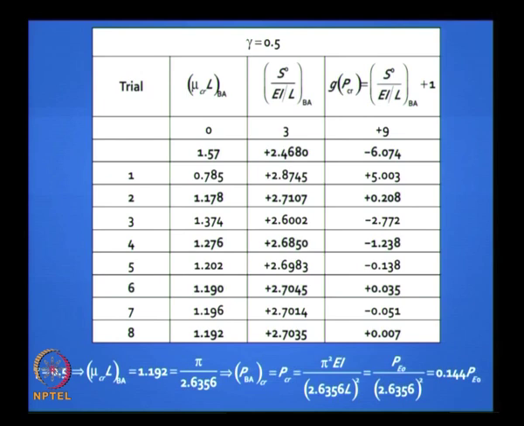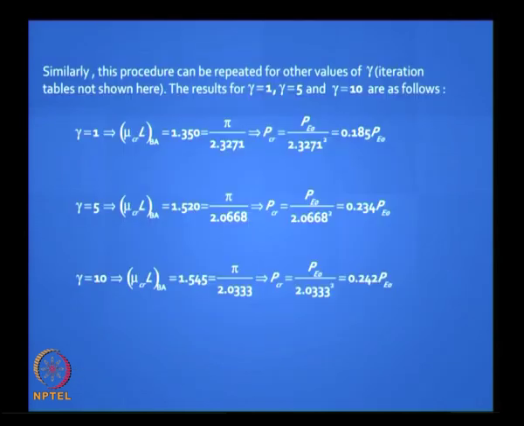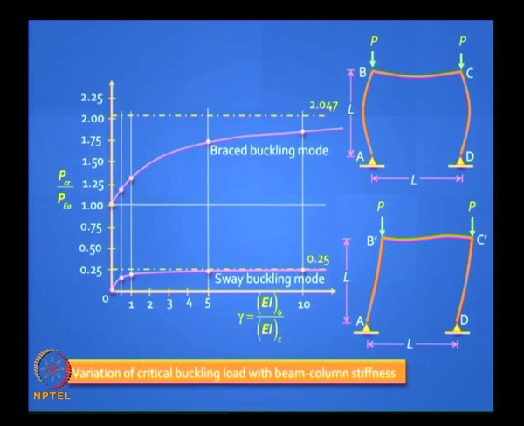You get very low values. Naturally under sidesway you do not expect a high value, you get a low value. Similarly you do this for the other gamma cases, and finally draw the picture. This is the summary of your results. You will find that asymptotically as gamma increases, P critical will touch the upper bound that we talked about.